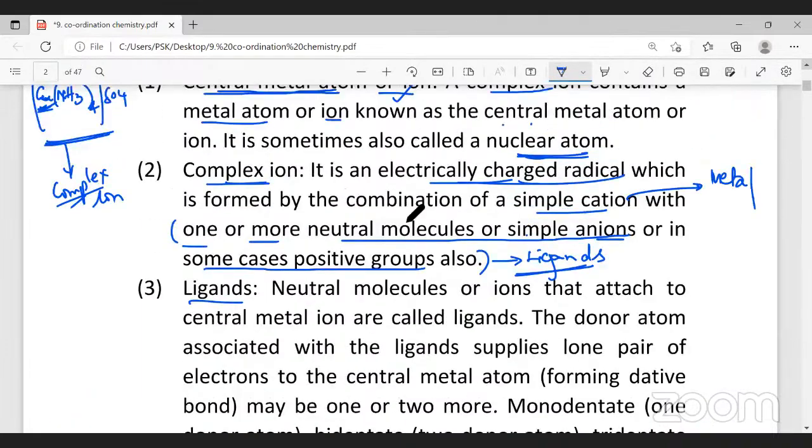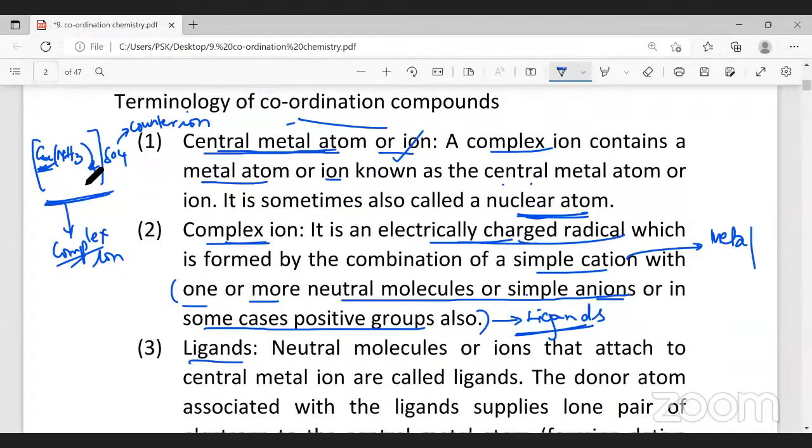Now, we were talking about this example, Cu(NH3)4 SO4. The four NH3 are attached to the central metal. In this case, ammonia is also called a ligand, because ammonia is attached to copper.